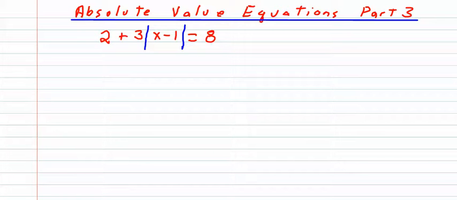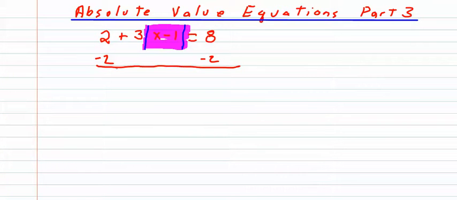this example here, we want to isolate the absolute value. We want to get this all by itself. To do that, we subtract 2 from both sides, and we end up with 3 times the absolute value of x minus 1, and again, all this stuff here covered in purple, we want to get by itself, equals 6.